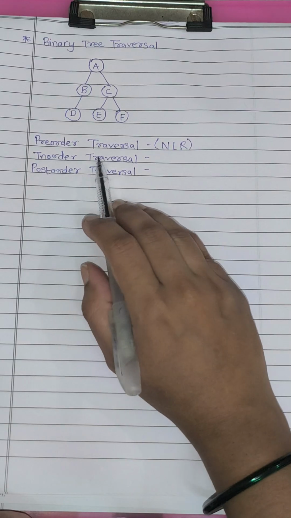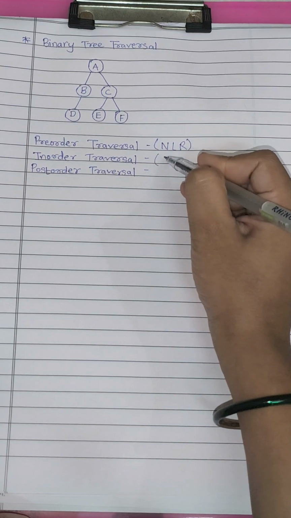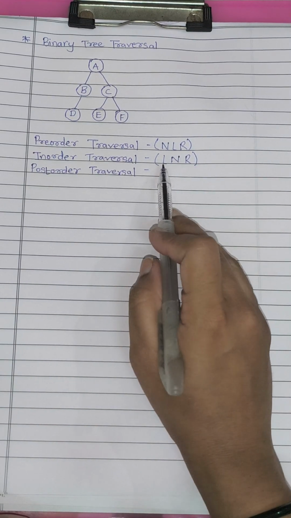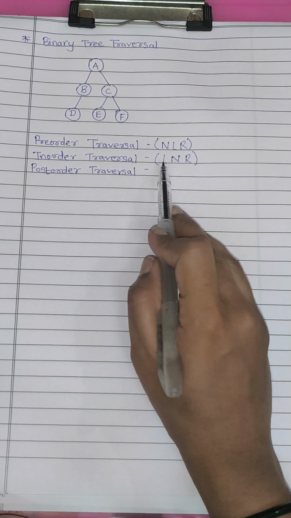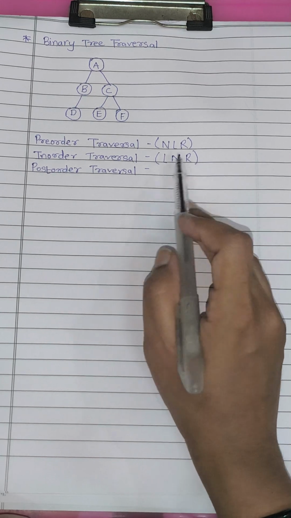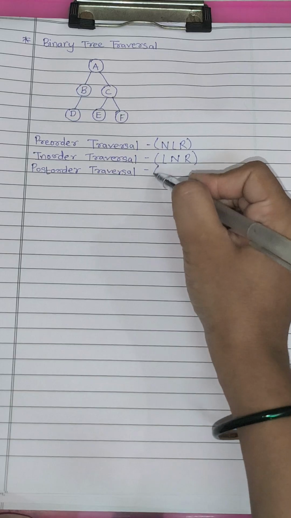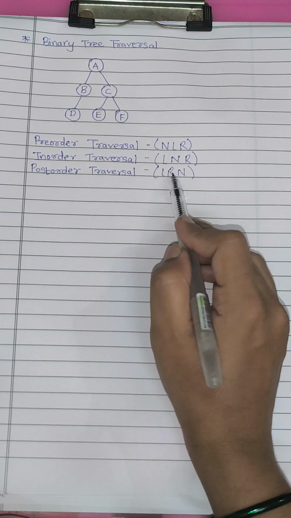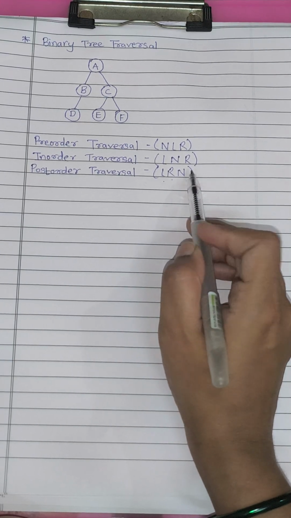If we talk about in-order traversal, it is L, N, R, which is left child, parent node, and right child. Talking about post-order, it is L, R, N, which is left child, right child, and then the parent node.